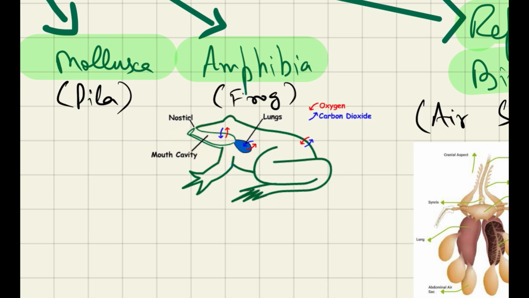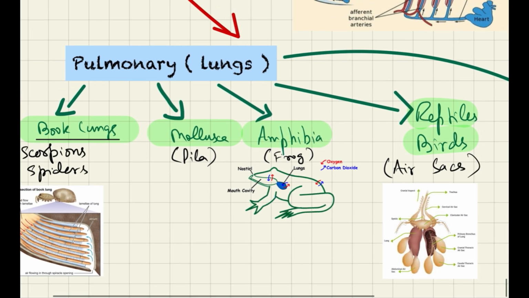The muscles of the buccopharyngeal cavity are involved in taking air into the lungs, which is not the case with the lungs of mammals. There, in the thoracic region itself, there are various muscles, and the diaphragm is involved in respiration. So this was an important case.